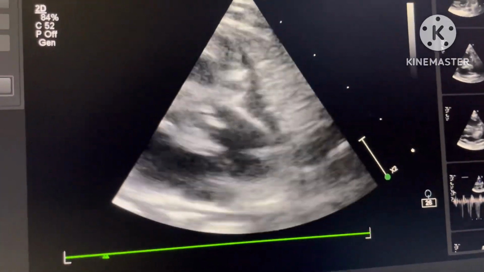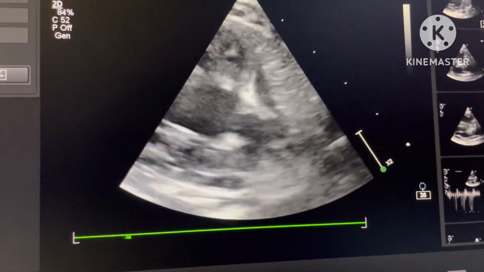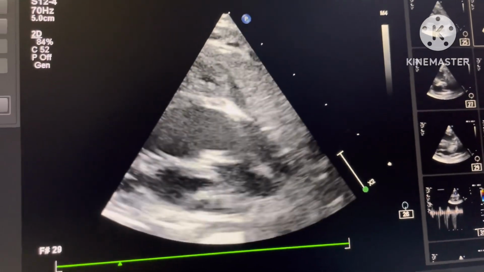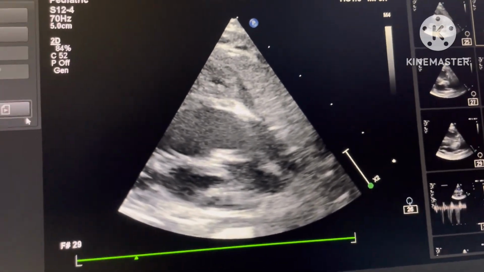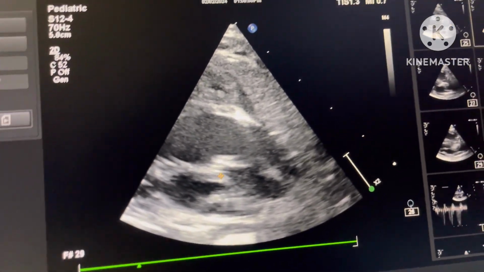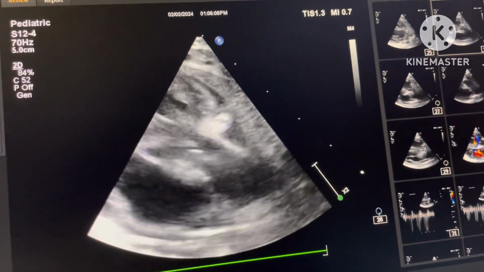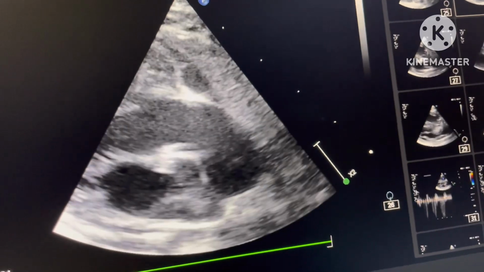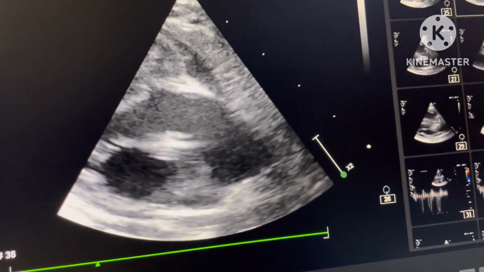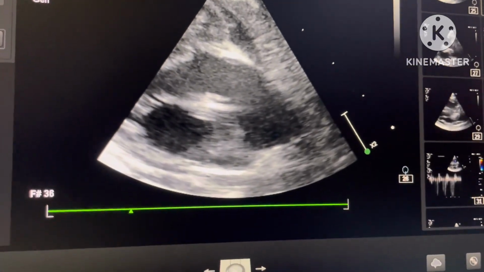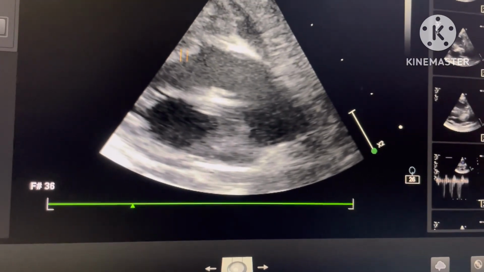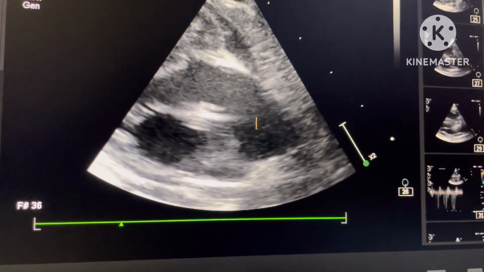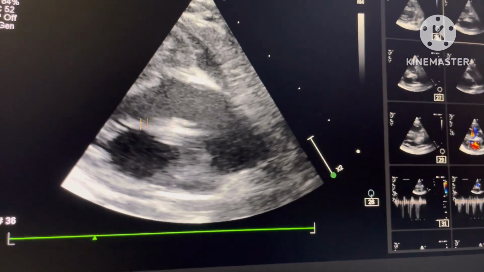This is the case of detransposition of great arteries. You can see this is IVS and this is pulmonary artery. Why is it pulmonary artery?